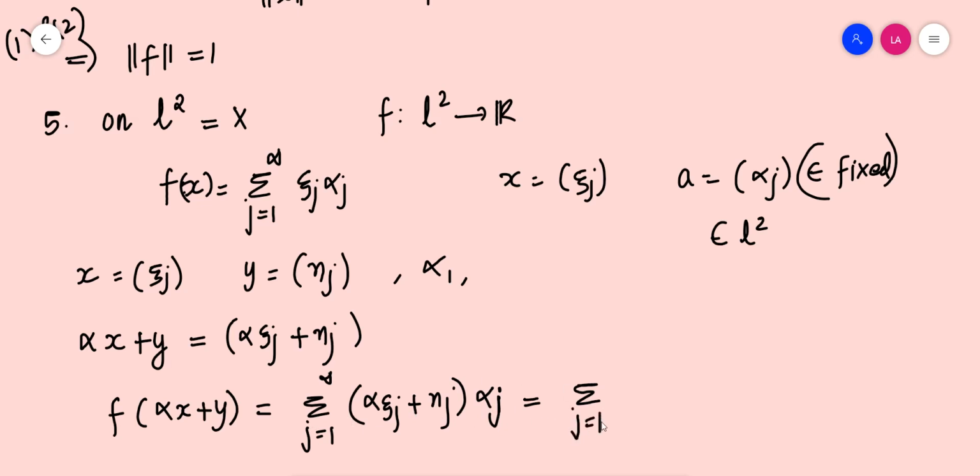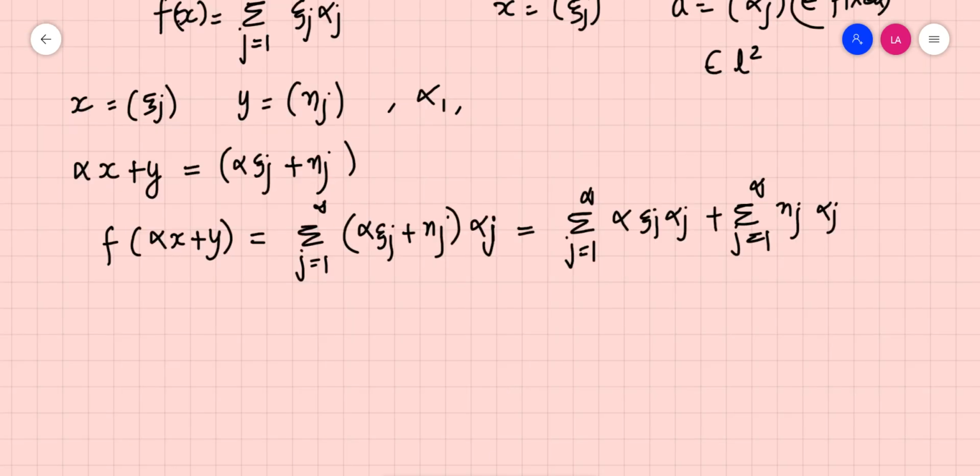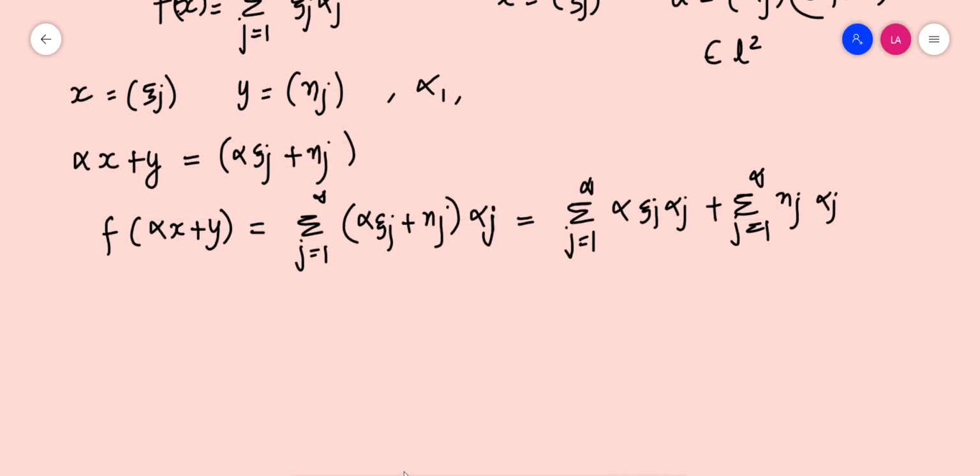So summation j is equal to 1 to infinity alpha theta j alpha j plus summation j is equal to 1 to infinity eta j alpha j, which is equal to alpha times summation j is equal to 1 to infinity theta j alpha j plus summation j is equal to 1 to infinity eta j alpha j.